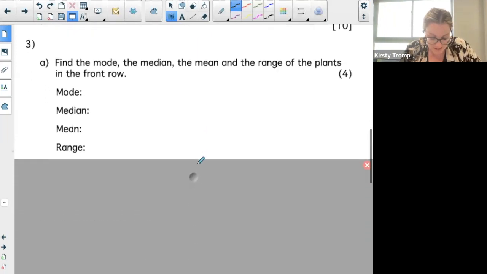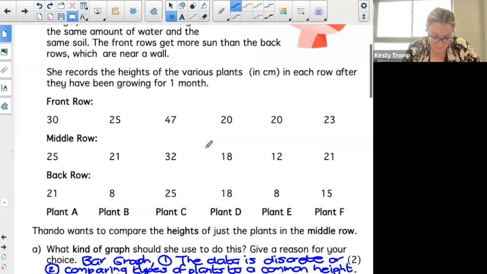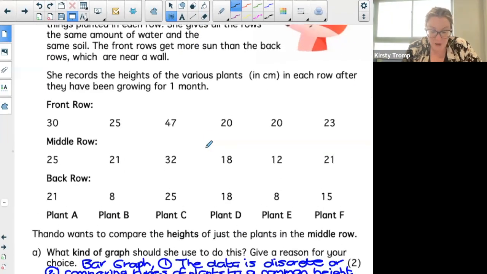Number three says to us, find the mode, the median, the mean, and the range of the plants in the front row. The plants in the front row were 30, 25, 47, 20, 20, and 23.